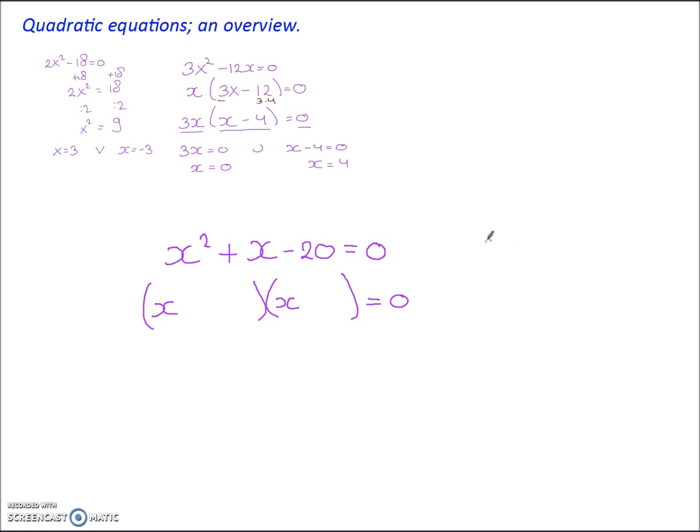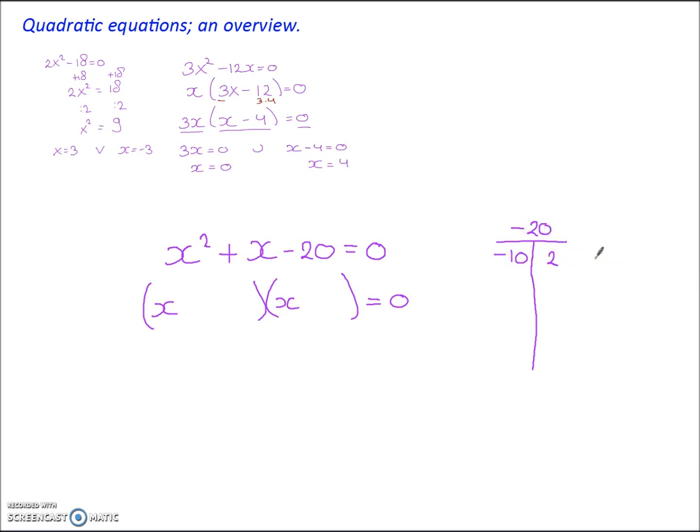where I will try to find two numbers that multiplied are equal to -20 and where the sum is 1. Okay, so let's take -10 and 2, for example, multiplied, this becomes -20.